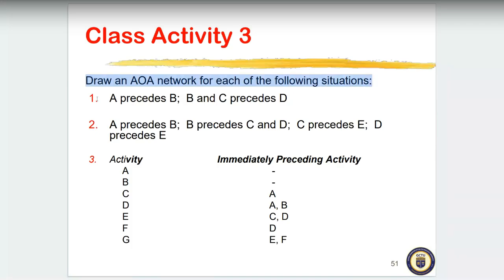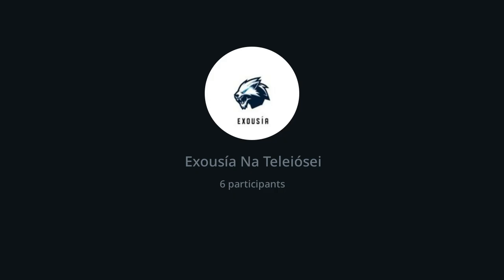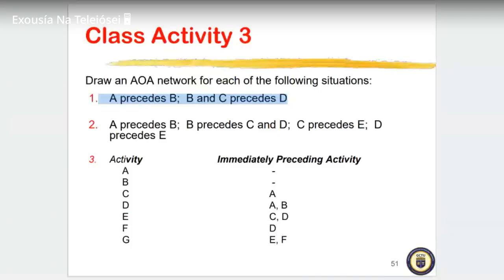So this is situation one: A precedes B precedes C. The one who did the first one, I think you did the last one, so I'm commenting on that. But just know the question was three, not just one.